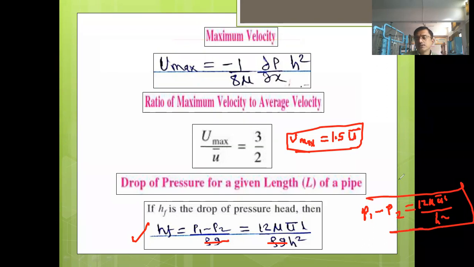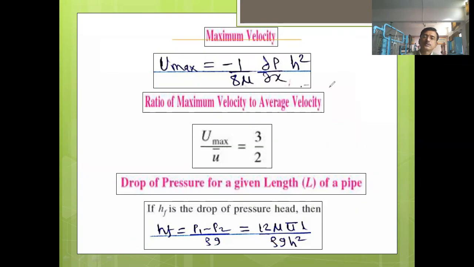This equation can be written for the loss of head or the pressure difference. So everyone, write this formula in your notebook. Now we are going to solve one or two problems based upon this.